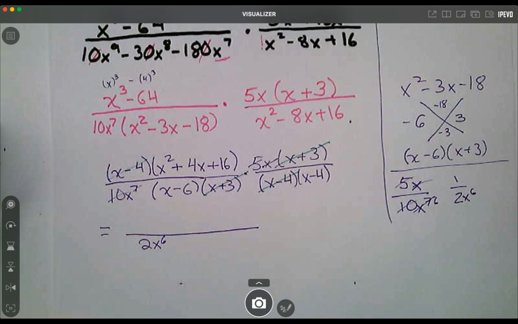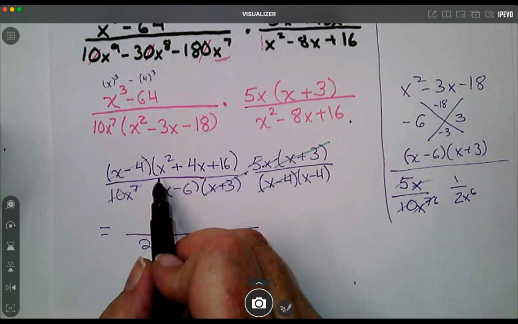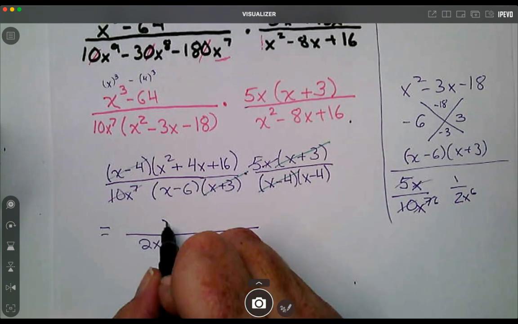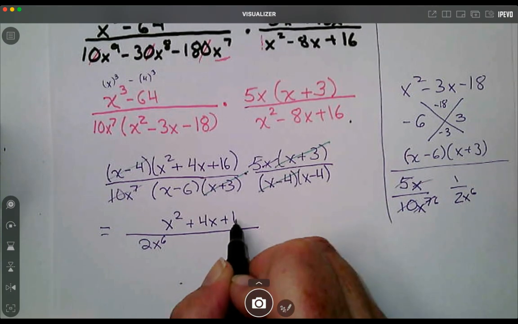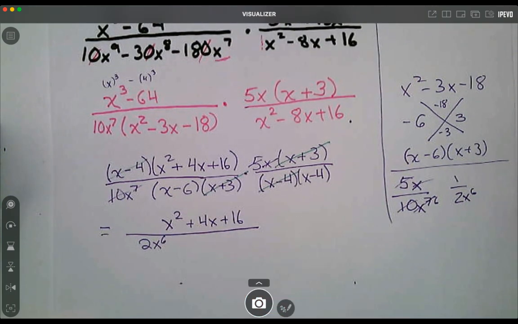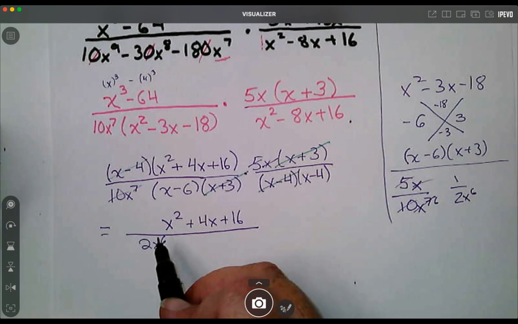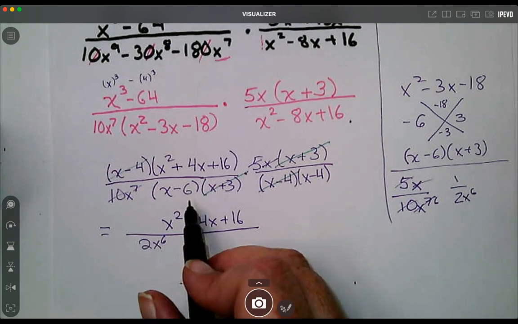Okay, let's see what is left over. The only thing I have on top is this right here. Everything else cancels. So I don't really have to put it in parentheses if I don't want to, but if you do put parentheses there, that's okay. On the bottom, I already had this 2x to the 6th.